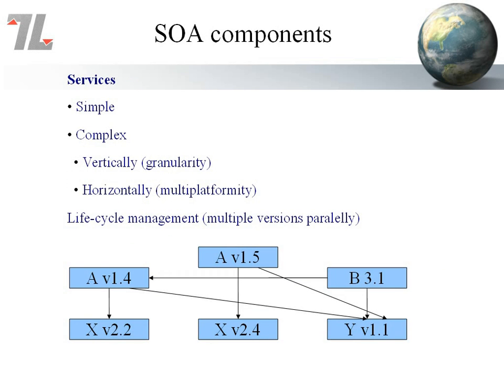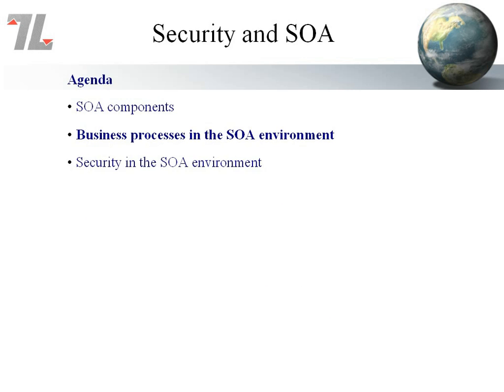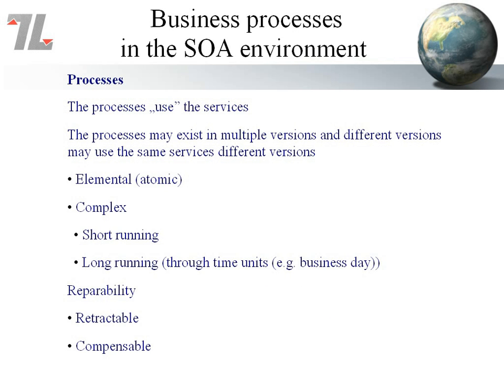If we flip back to the earlier figure, we can consider A and B as processes, X and Y as services, and the explanation will still be valid. Processes, just as services, can be elementary and complex. An elementary process can be atomic as well, i.e., it cannot be interrupted during runtime. Complex processes can be shorter running or longer running.